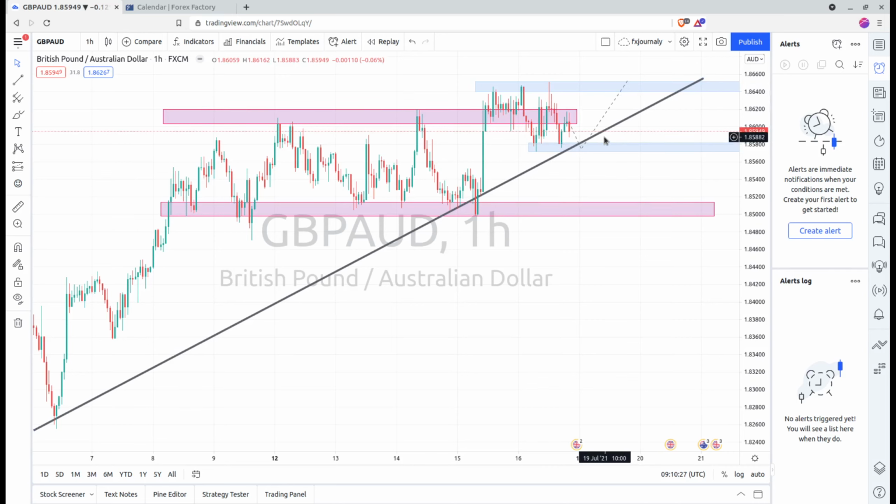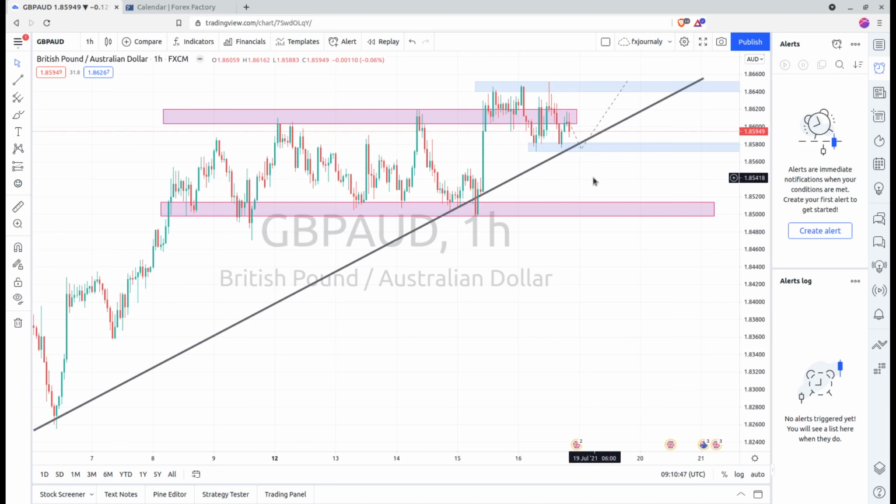If you see price come into this area, reject, and go above and close above this area, and by this area I mean the support area, because like we said, this is the likely play.